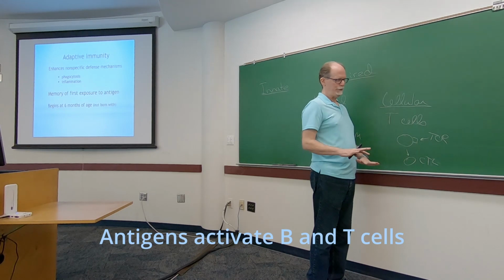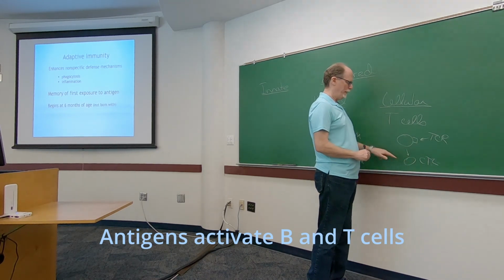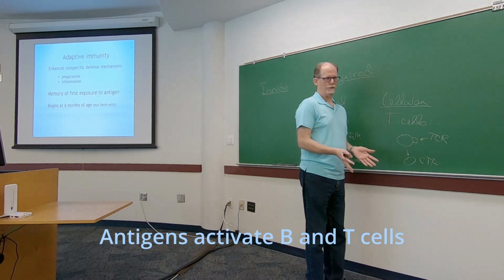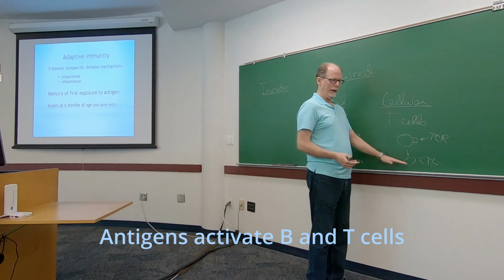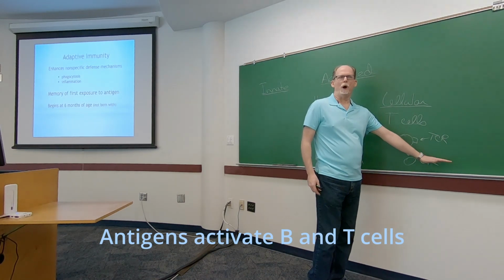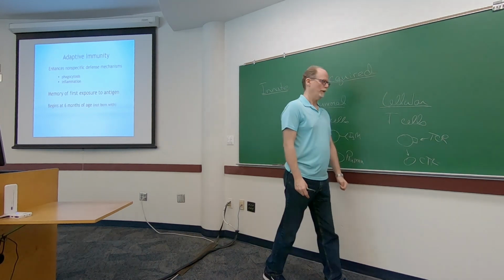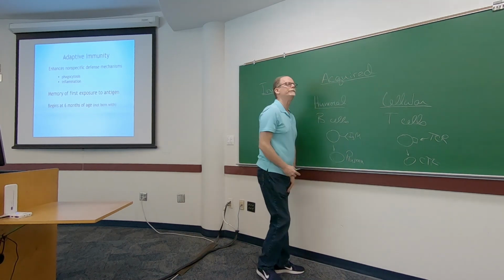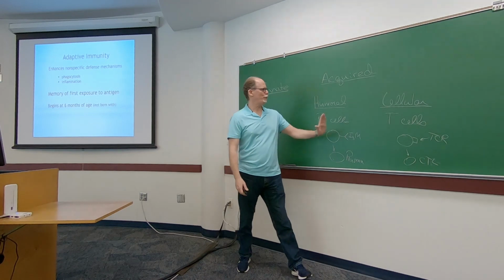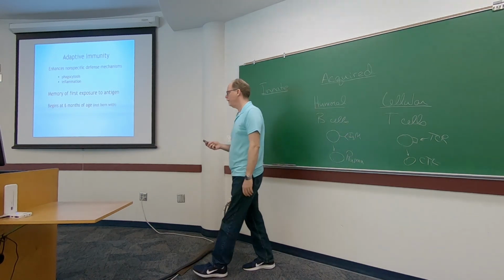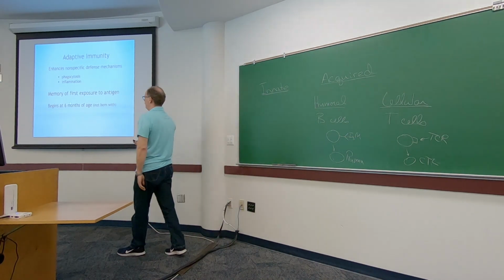CTLs, we're going to keep it real simple. They turn into many cells as well, from one cell to many, and some of them are memory cells. They're both lymphocytes, but these are the two broad categories. You get a memory.